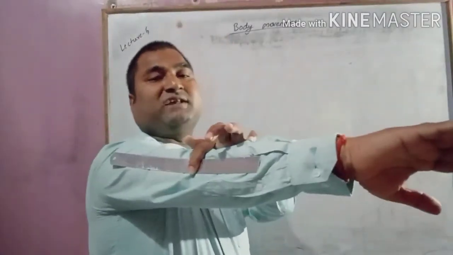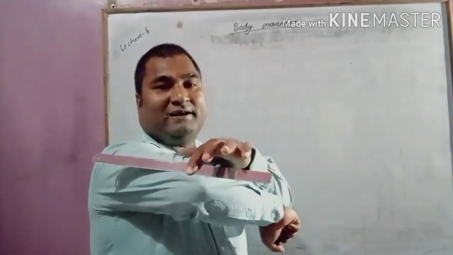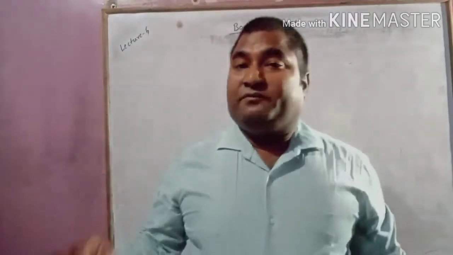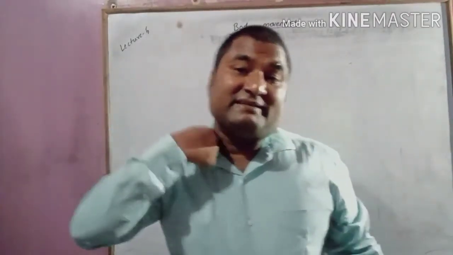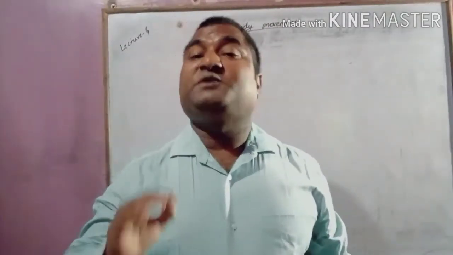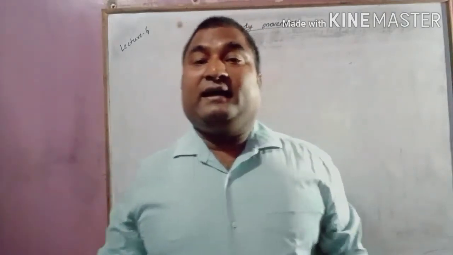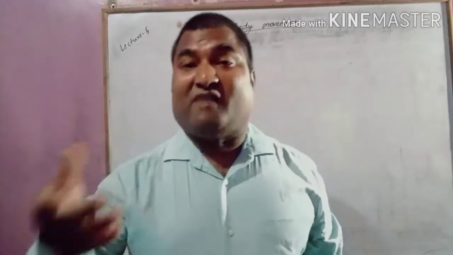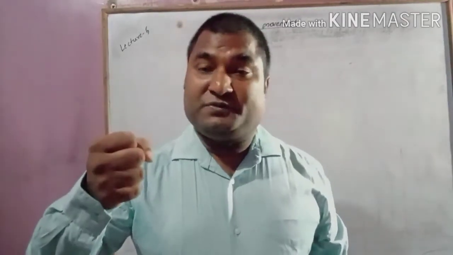Then try to bend your hand. Is it possible to bend? No. So this activity is trying to say that we can bend, we can move, we can walk, we can lift any object.